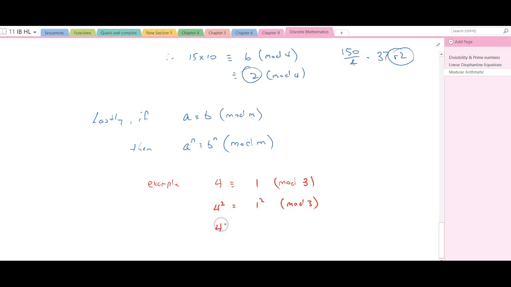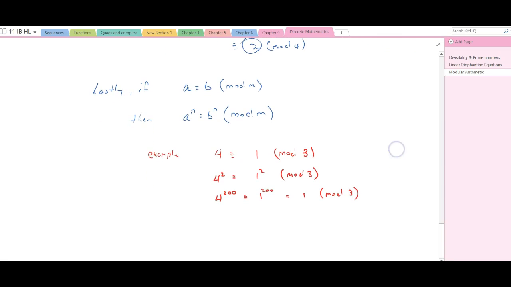In fact, we could say 4 to the power of 200 is going to be equal to 1 to the power of 200, and 1 to the power of anything is 1 in mod 3. So you can see the real power of establishing a remainder of 1, in that we can raise to very large powers.